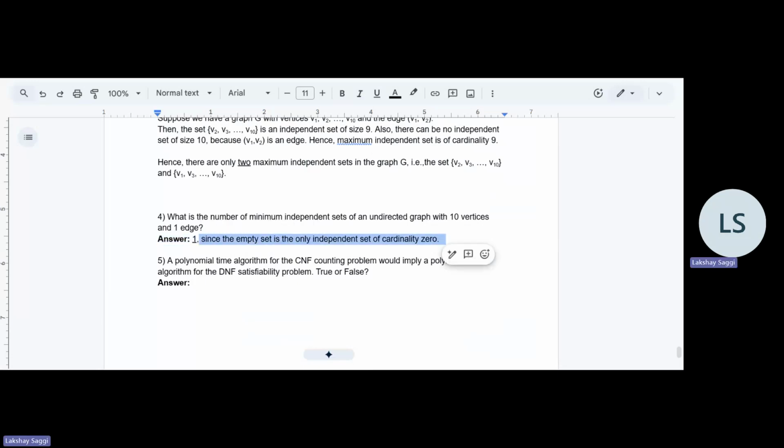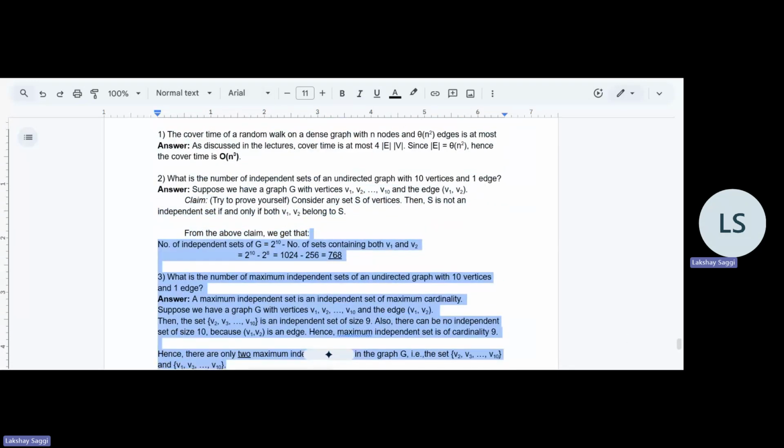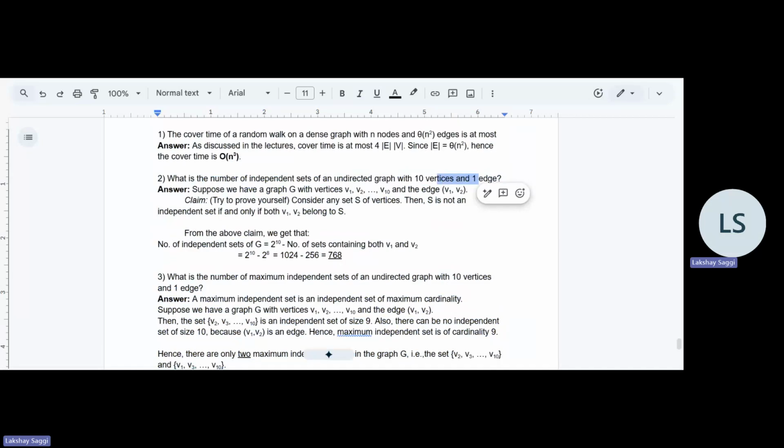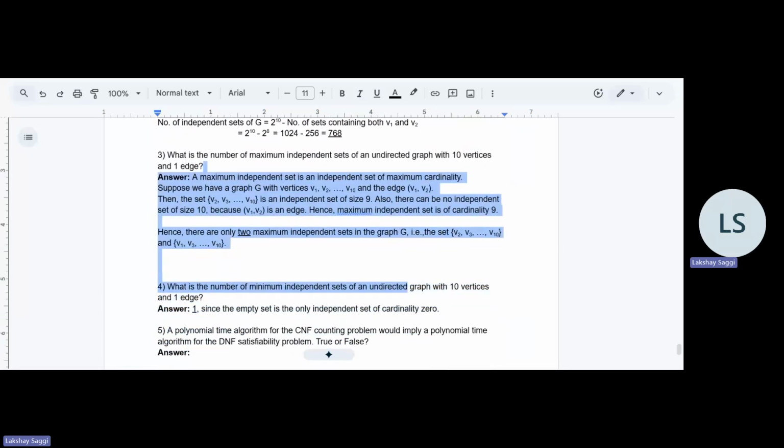For any given graph, there will always be one minimum independent set, which will be the empty set. So this is not the case for just this specific graph, but this will hold true for any graph. Whereas for the previous two questions, we needed this specific graph, which had the 10 vertices and one edge. So yeah, just a fun question.